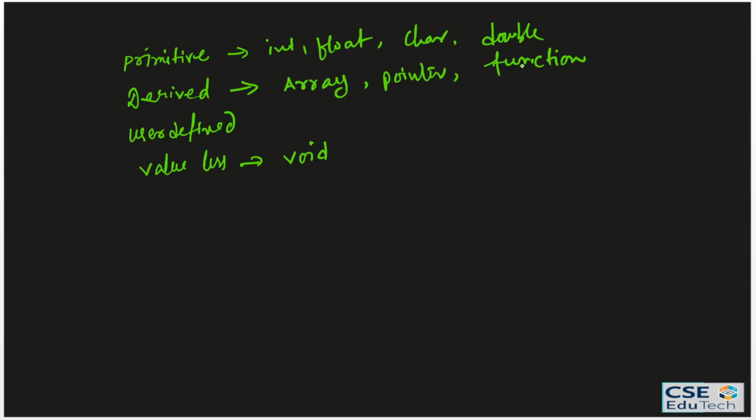Data types that are derived from the primitive or built-in data types we call derived data types.